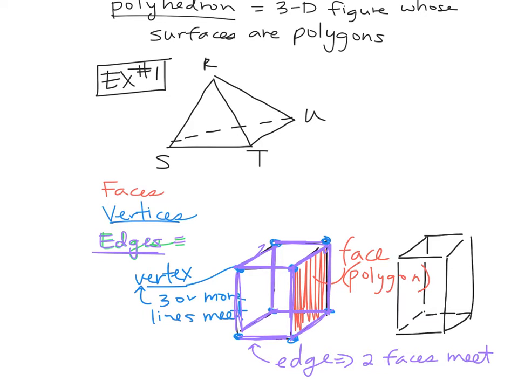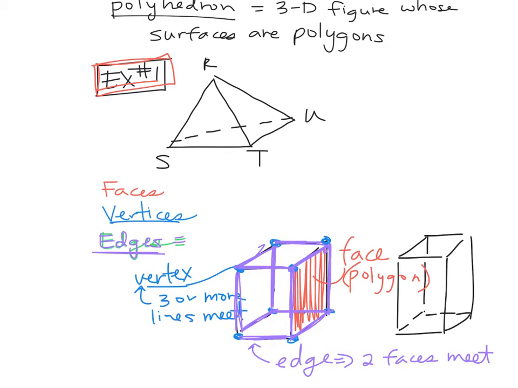So let's look at this example 1 that we drew up here. How many faces do you see there? So essentially that figure is this, right? The base is a triangle, and then it has the triangles all the way around. Okay, so how many faces are there?